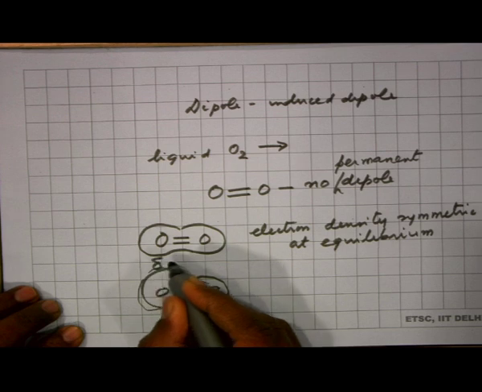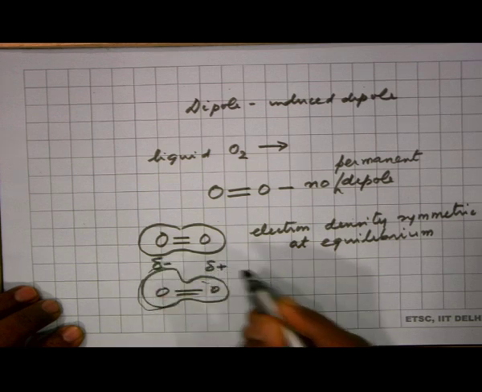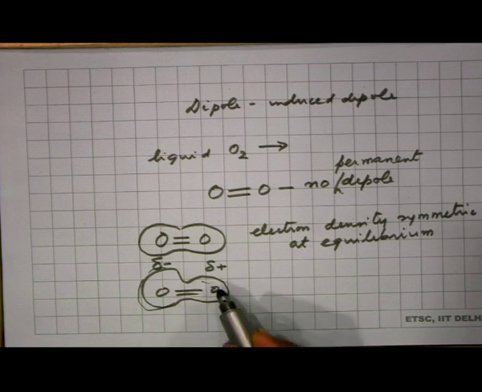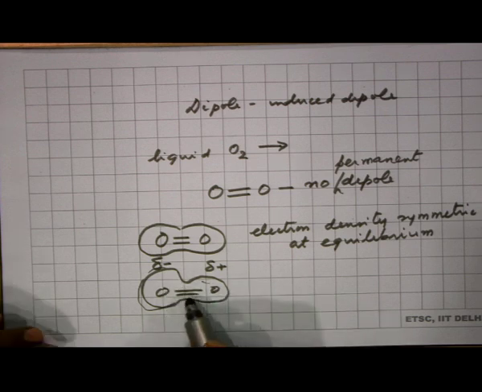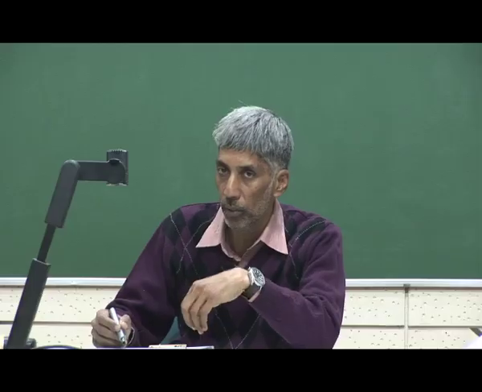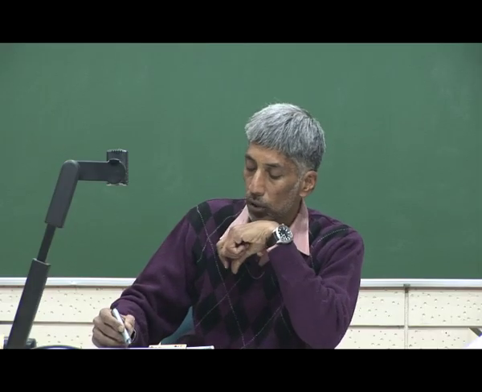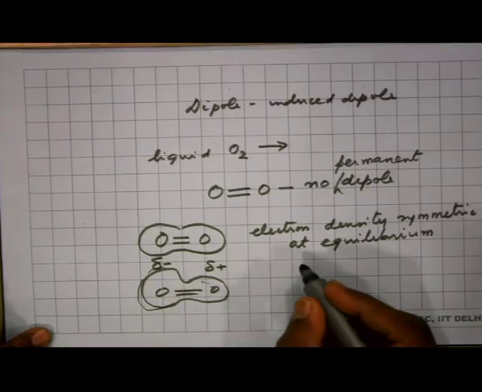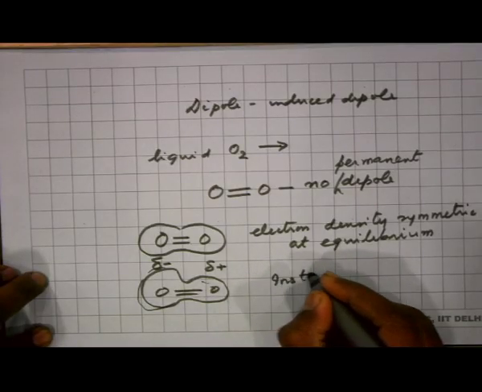So, I have a partial charge redistribution, and so this end becomes slightly positively charged relative to this side. This happens in any molecule, no matter what the molecule is, you are always going to have this instantaneous dipole creation.